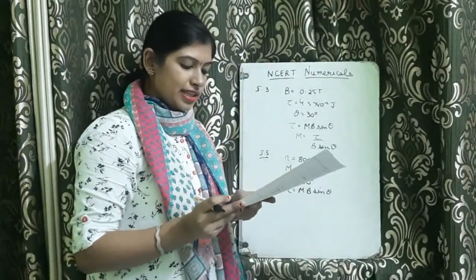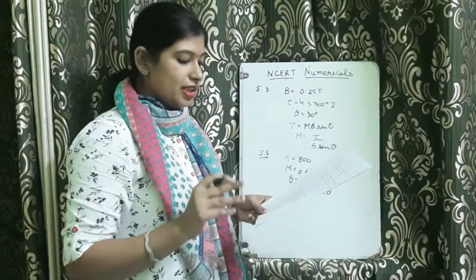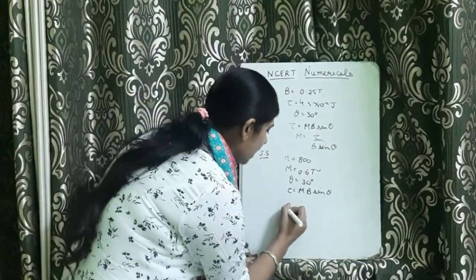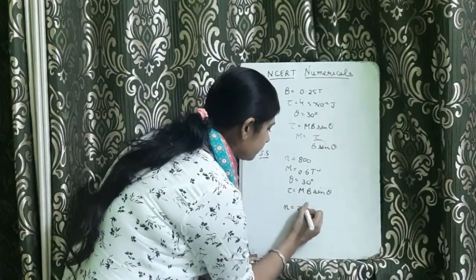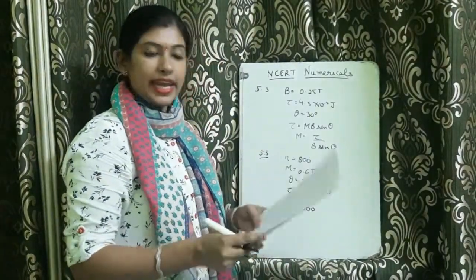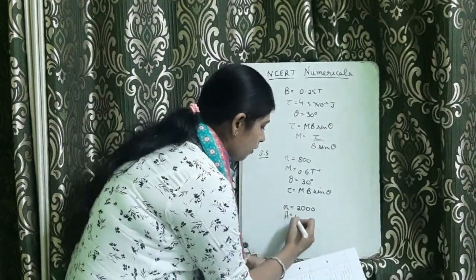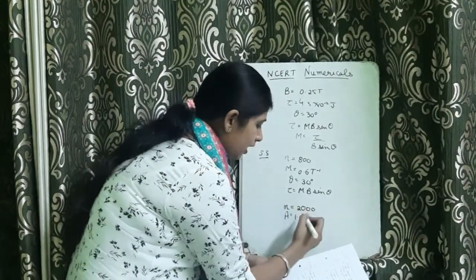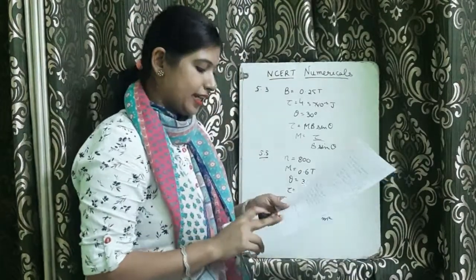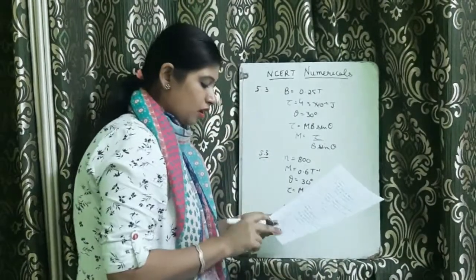Okay. Now in the next question, we have been given the number of turns of the solenoid as 2000. Here the area has been given as A is equal to 1.6 into 10 raised to power minus 4 meter square, and the current flowing is given as 4 ampere.